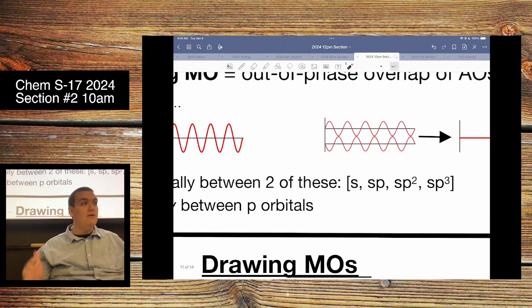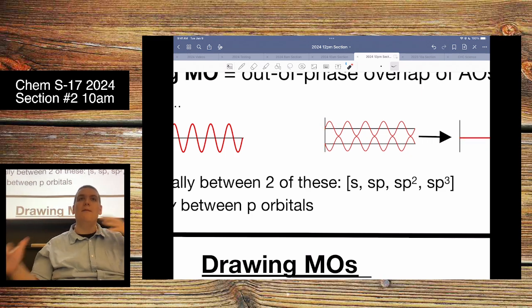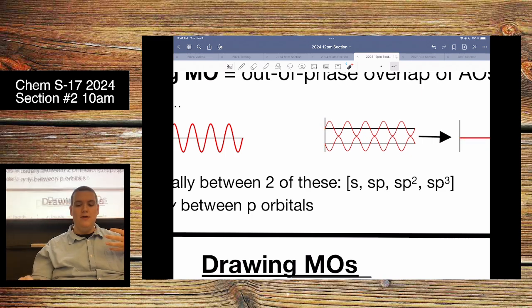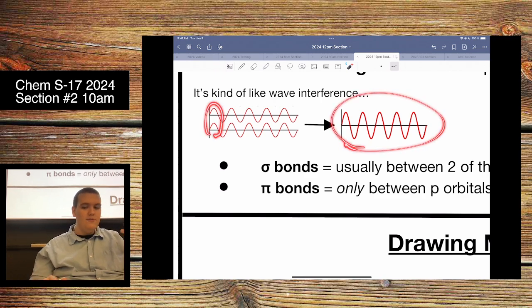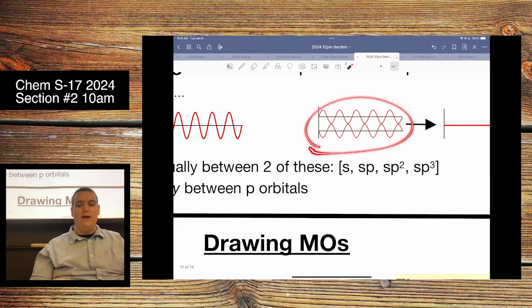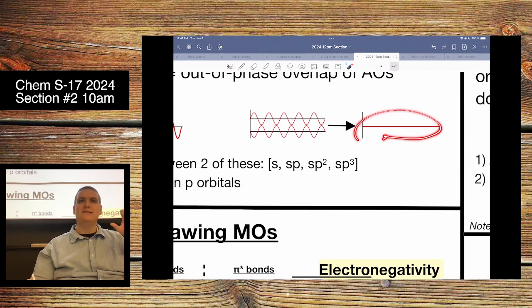But there's another way you can add them together where if you add this, which is positive, and this, which is negative, they're going to cancel out and do destructive interference. I think about that when I think about bonding and antibonding orbitals. This would be an in-phase overlap, a representation of bonding on some level, and this is the out-of-phase overlap, the antibonding at some level.